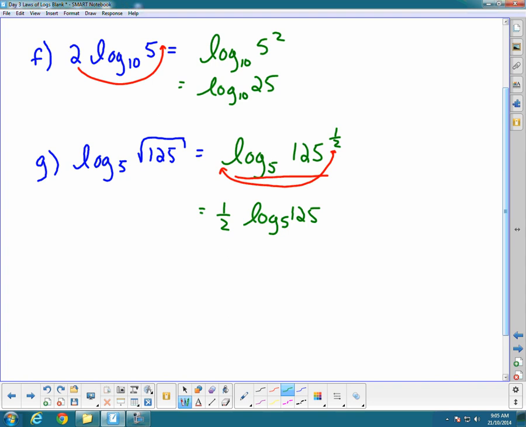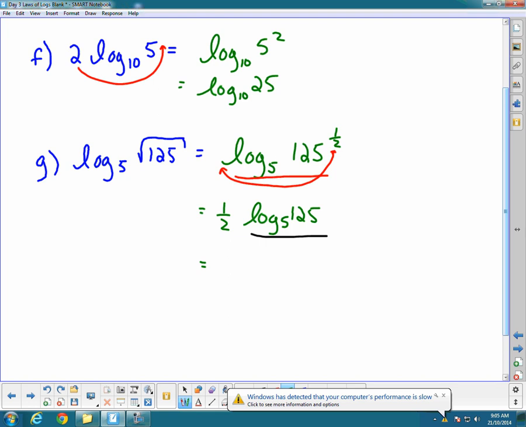Why is that a nice move? Right. What it left us with was a log 125 base 5. That number I might be able to figure out. This asks, what exponent do I put on 5 to get 125? So it's 3, right? 5 squared is 25 times another 5 is 125. So this whole thing here, that I can evaluate.